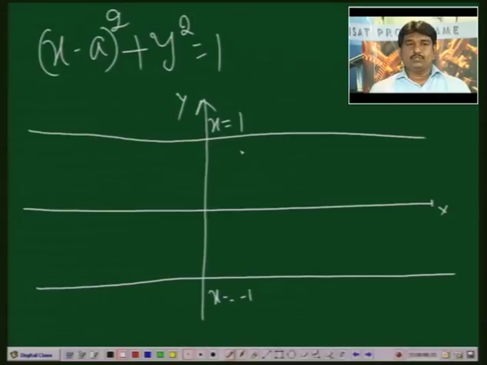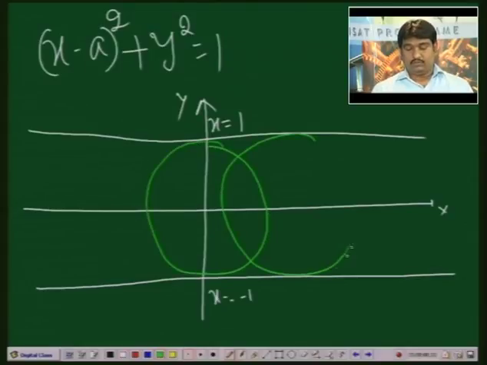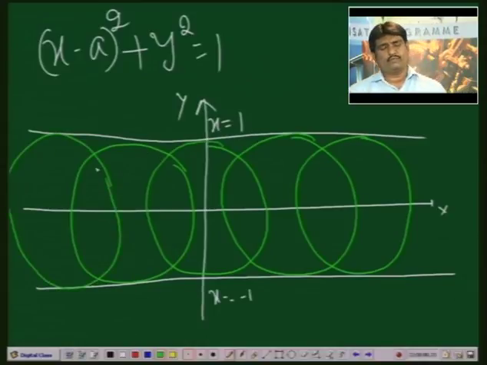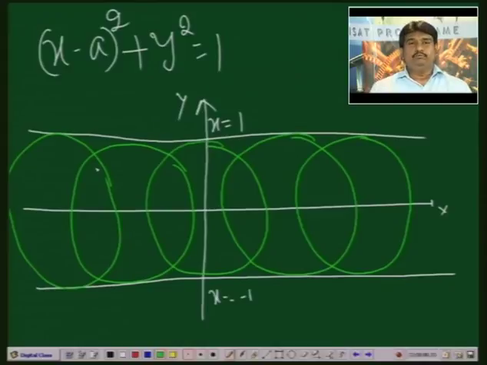So (x minus a) whole squared plus y squared equals 1 represents a family of circles like this, with centers on the x-axis, and so on. Now let me form a differential equation of this family first, then I'll talk about different types of solution of that differential equation.